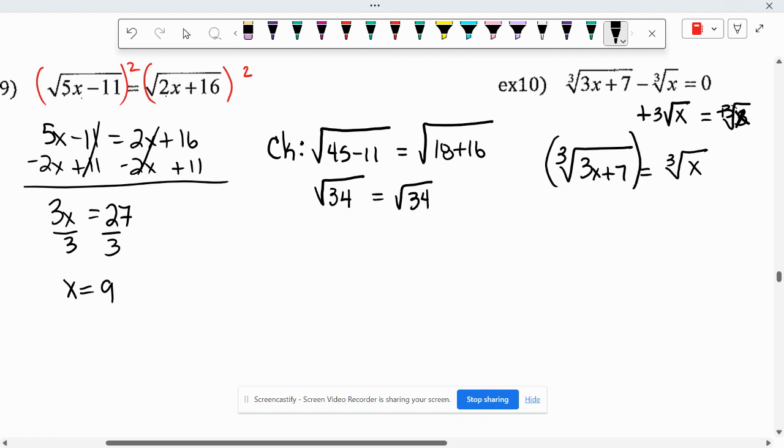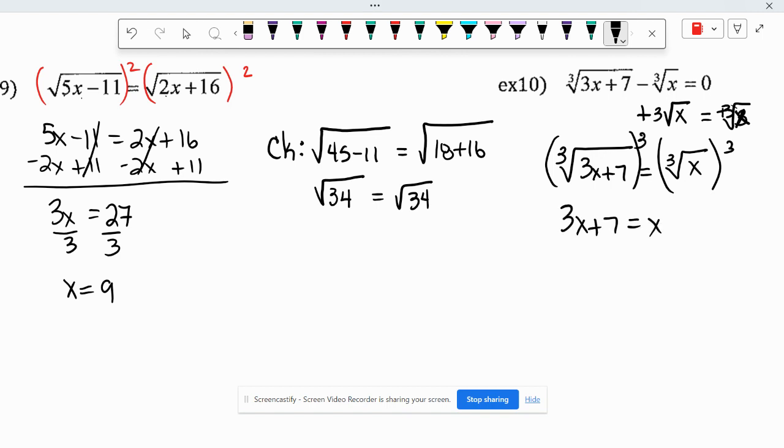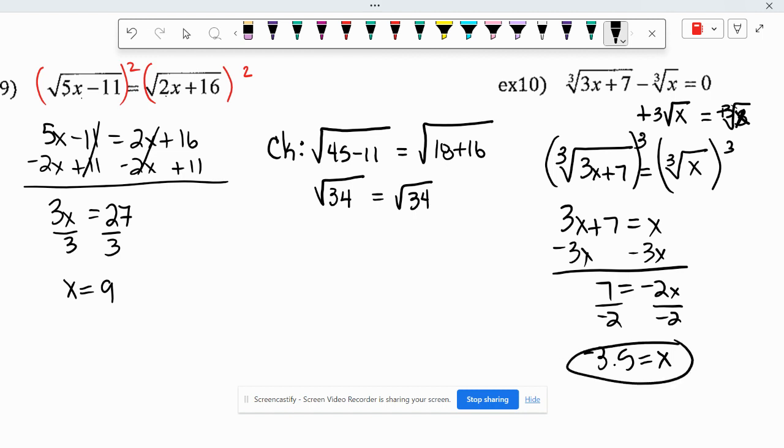Not square it, but cube it. Yeah, you would cube both sides. 3x plus 7 equals x. Minus 3x. 7 equals negative 2x. Divide by negative 2. Negative 3.5 equals x. And you can check it. It works.